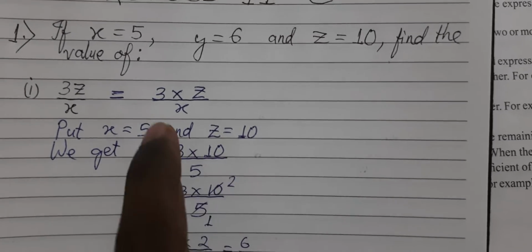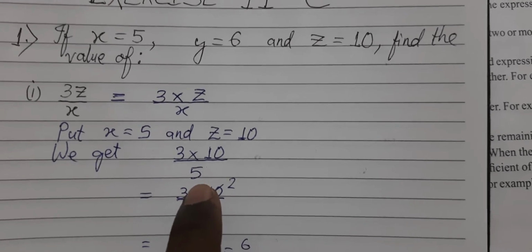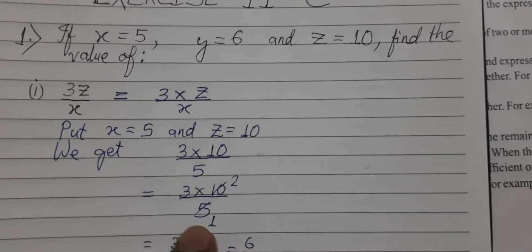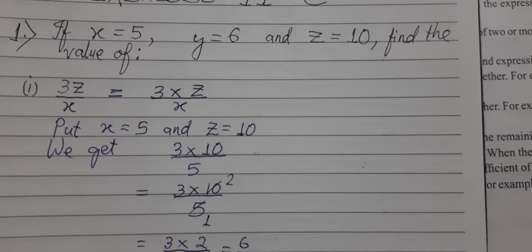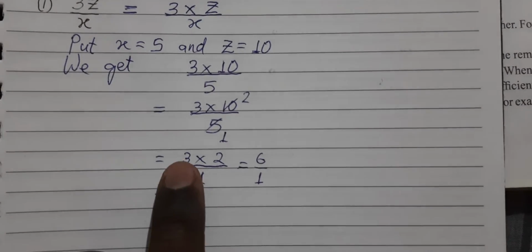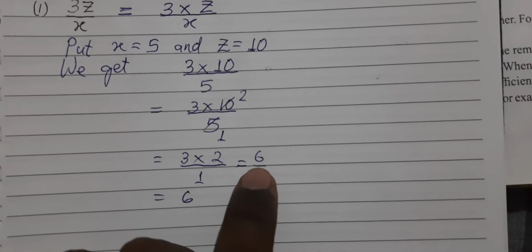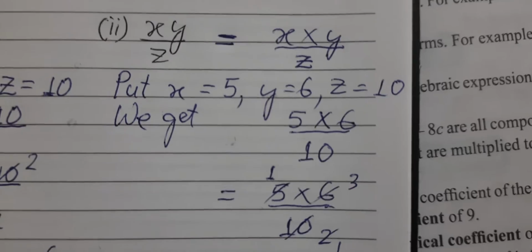So 3 into 10, divided by x. Instead of x, we put 5. Then in the next step, I have done the cancellation. The numerator 10 is cancelled by the denominator 5: 5 twos are 10. Ultimately you have 3 into 2 divided by 1. 3 into 2 is 6, divided by 1. That is 6. So the answer of this algebraic expression is 6.